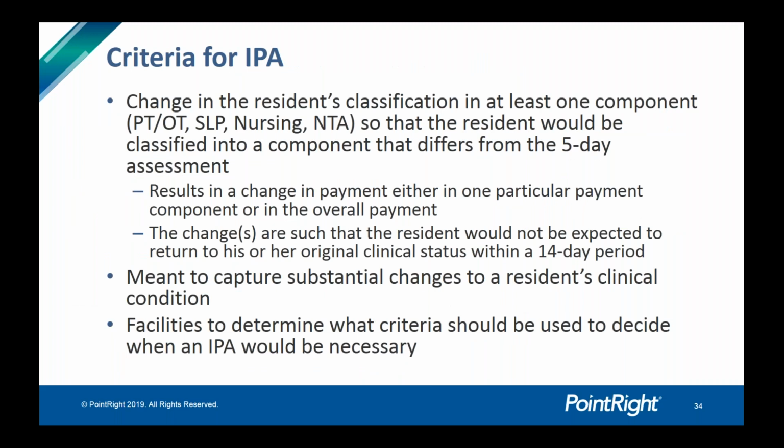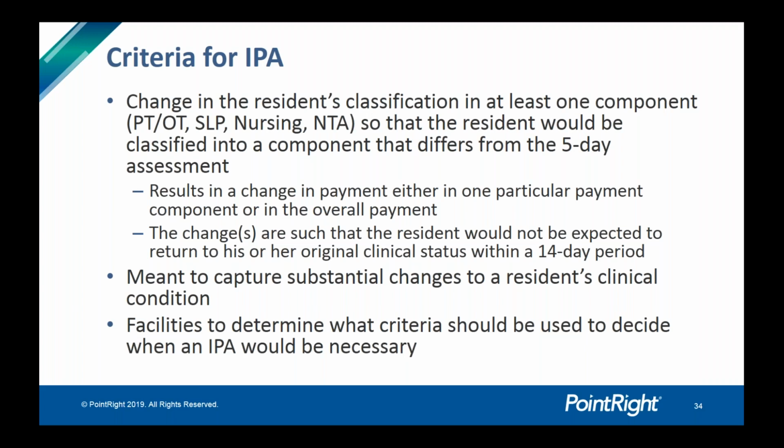Now, the criteria for an interim payment assessment, the official word, again, is a change in the resident's classification in at least one component, so that the resident will be classified into a payment component that is different from what was established on the 5-day MDS.